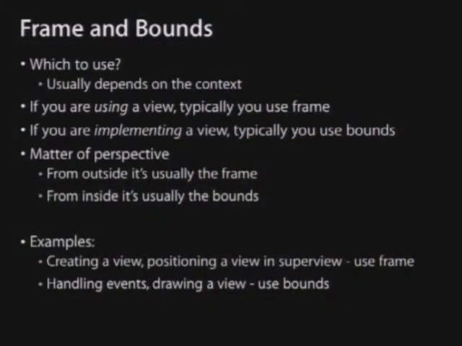So which to use? Again, a couple examples here. If you're using a view and you want to ask for its rectangle, you typically use frame. If you're implementing a view, meaning if you're drawing or responding to events for a subclass, you're looking at your own bounds. So you're always looking at your own bounds, or you're looking at your subview's frame.